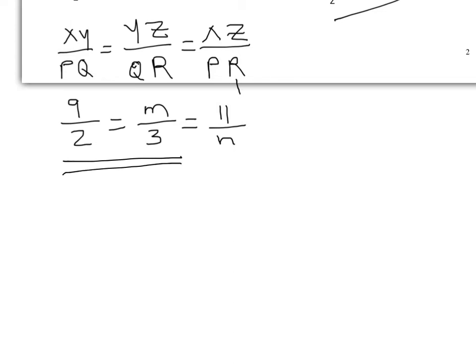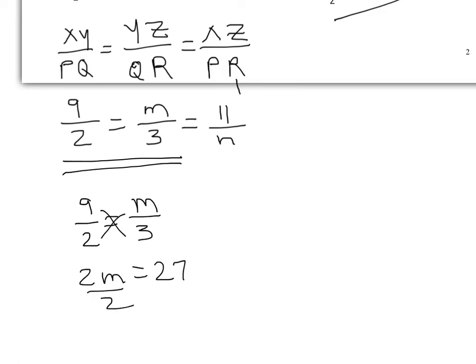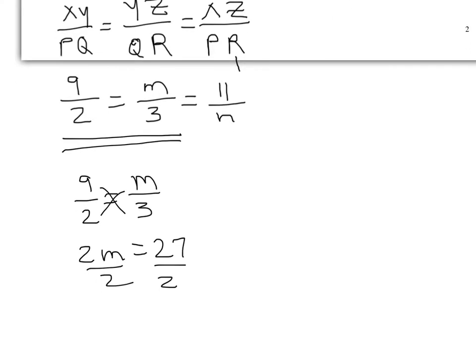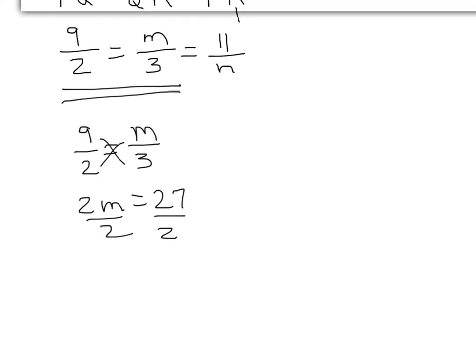If you take just these first two, you get 9/2 equals m over 3. So we can solve that to 2m equals 27. Divide by 2. m equals 13 1/2. So that's fine.